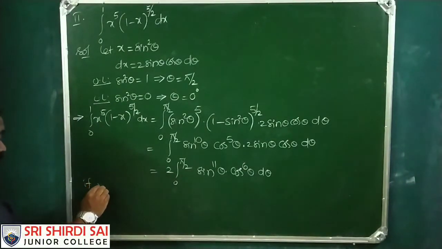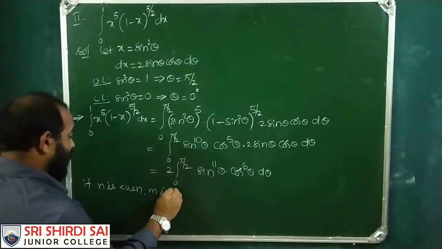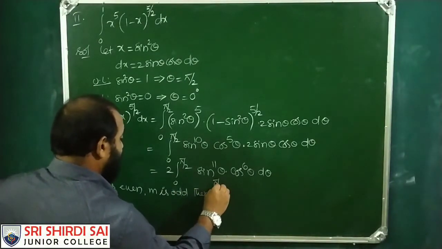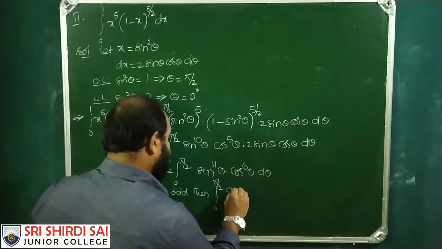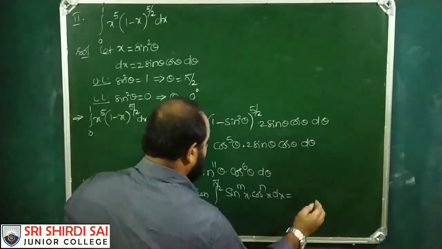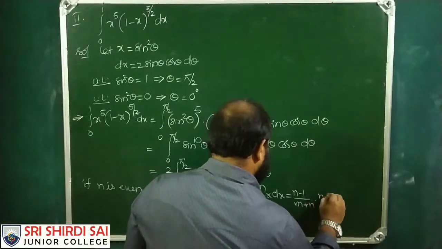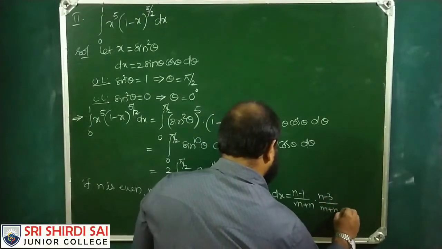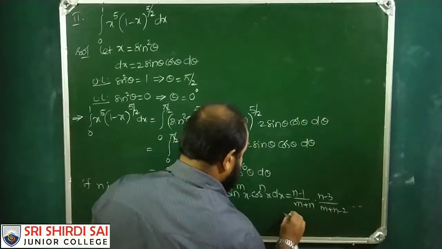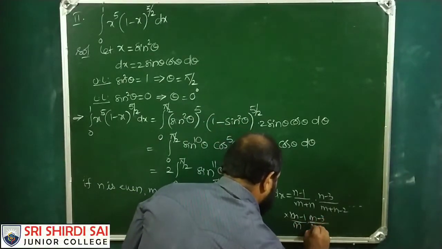If n is even, m is odd, then the integral from 0 to pi by 2 of sin power m x into cos power n x dx is equal to (n minus 1) by (m plus n), into (n minus 3) by (m plus n minus 2), etc., into (m minus 1) by (m minus 3) by (m minus 2).